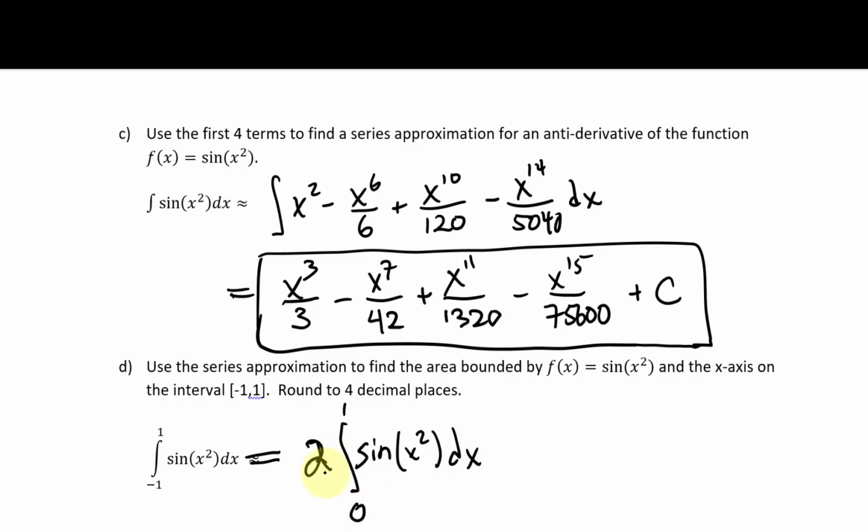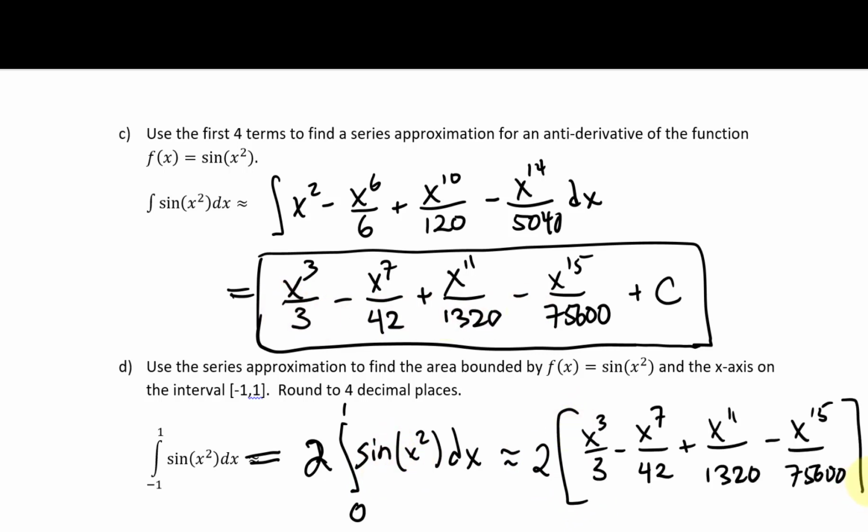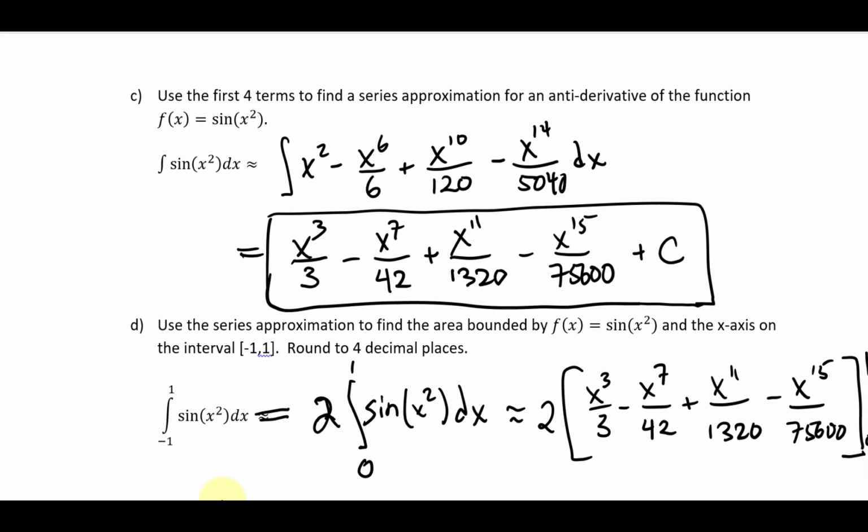So it's exactly equal to this integral, and this we'll say is approximately 2 times, and now we have an approximate antiderivative right here. We're plugging in 0 and 1, and plugging in 0 is easy.